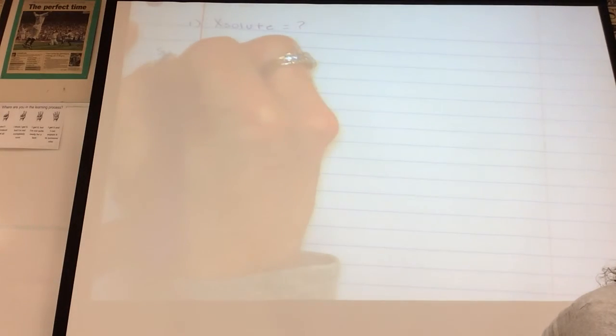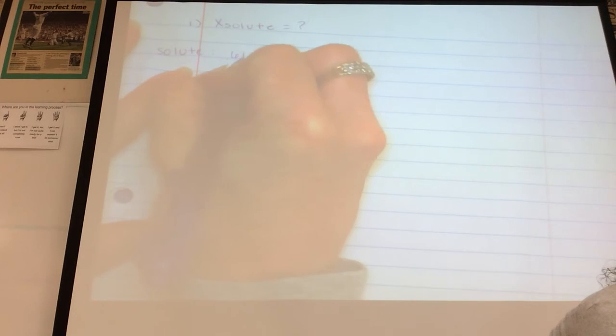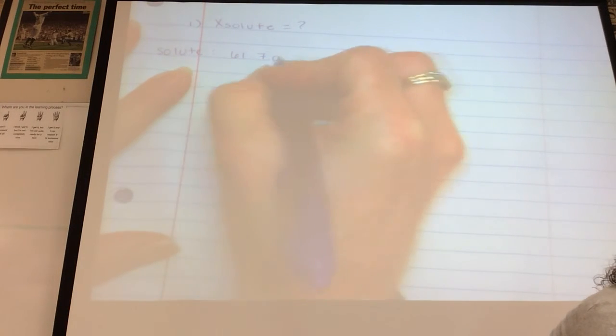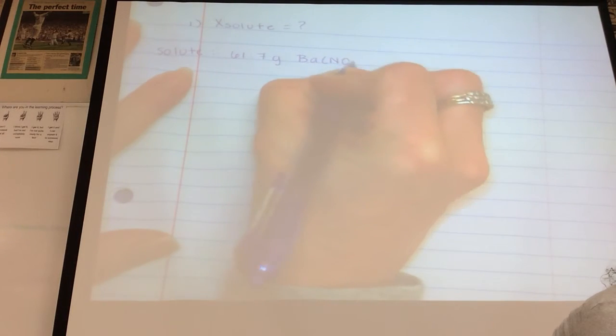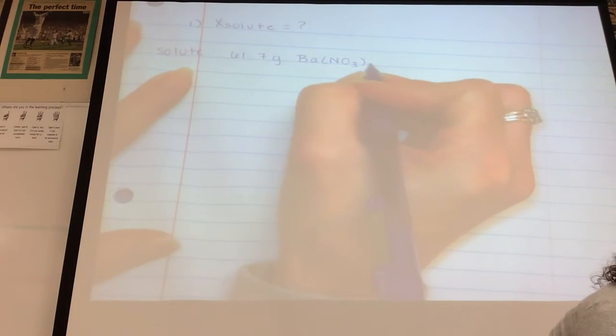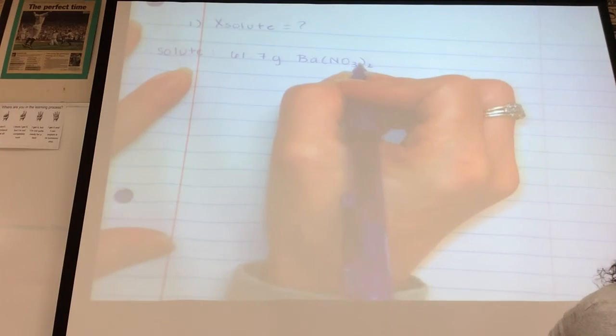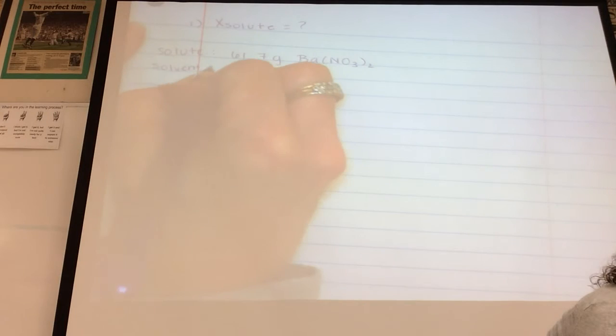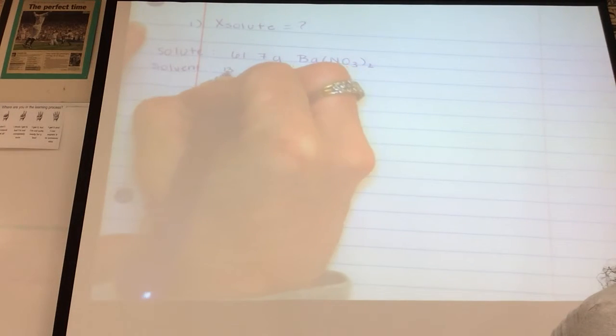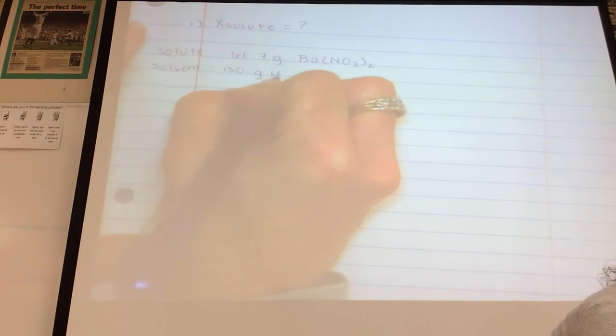In terms of solute, we have 61.7 grams of barium nitrate. And in terms of the solvent, we have 130 grams of water.